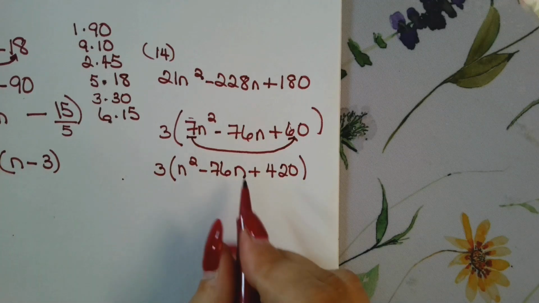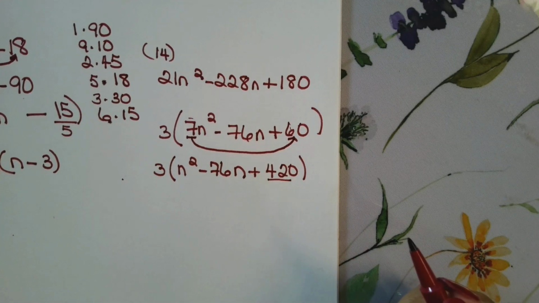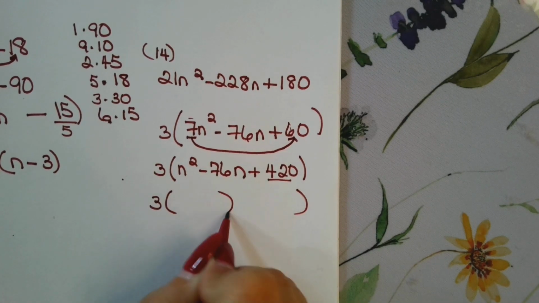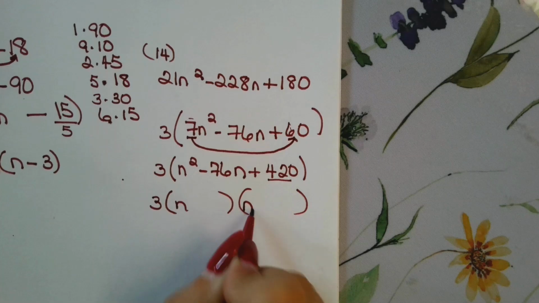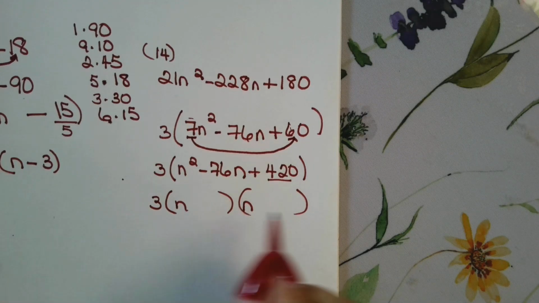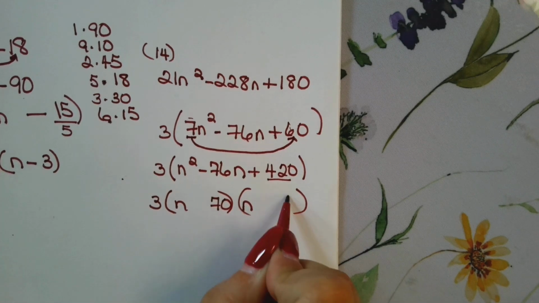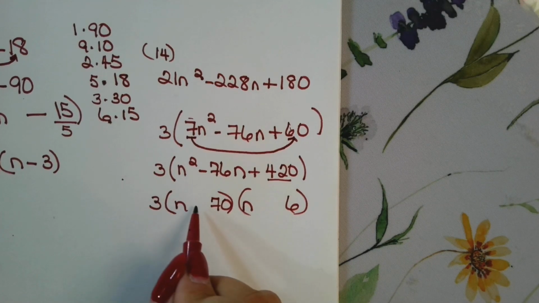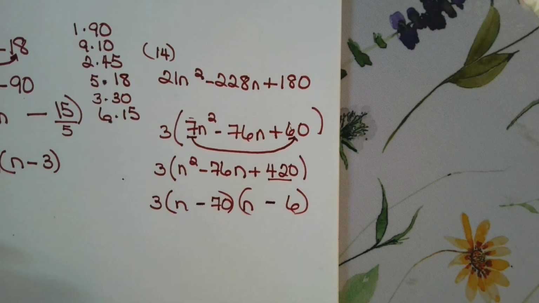Okay, so now we've got to find factors of 420 that give me 76. So let's see. So 70 times 6 is 420, and if I add those together, which means both of these would be negatives, that should work for me. That'll give me negative 76.